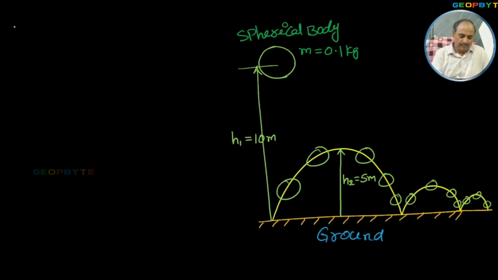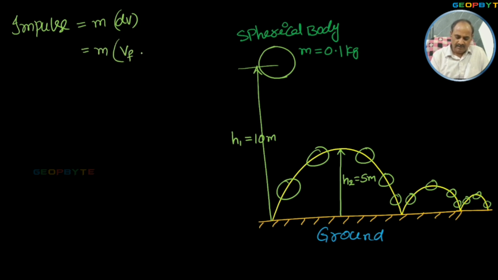Now impulse equals mass times dv. This I can write as mass times the final velocity minus minus initial velocity.